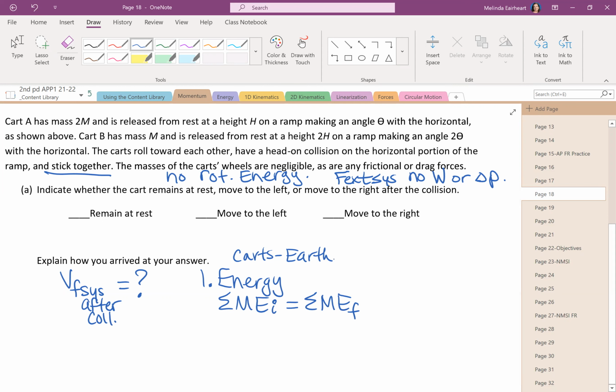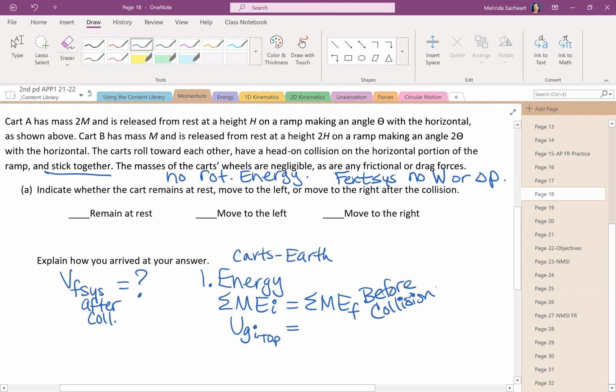And so if you just look at one cart, it begins with what kind of mechanical energy? Potential, gravitational, initial at the top. And by the time it gets to the bottom of the ramp, but before the collision, I'm going to add that in.